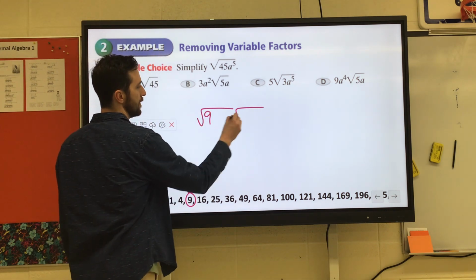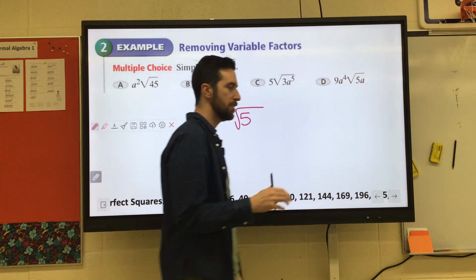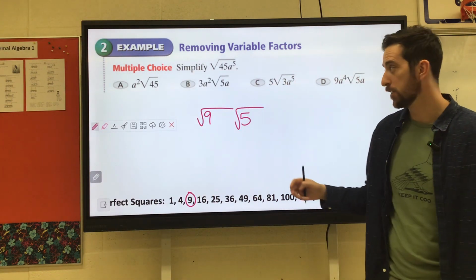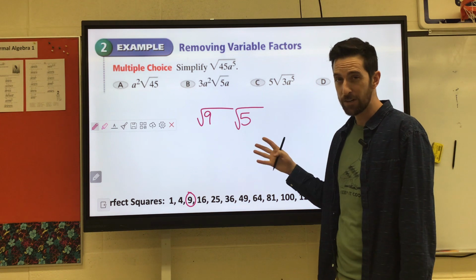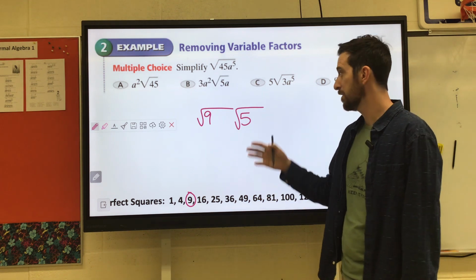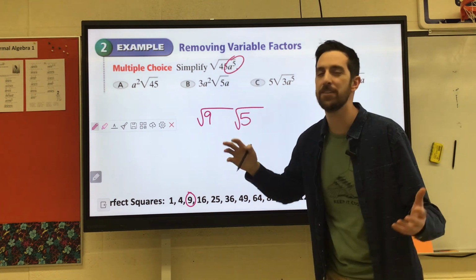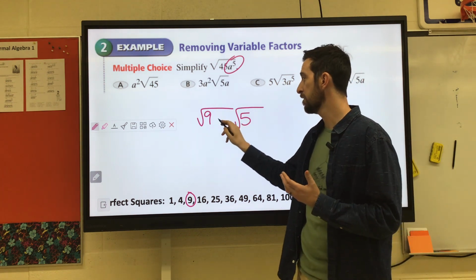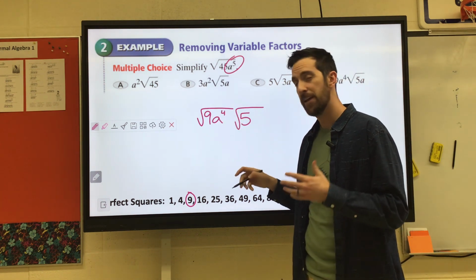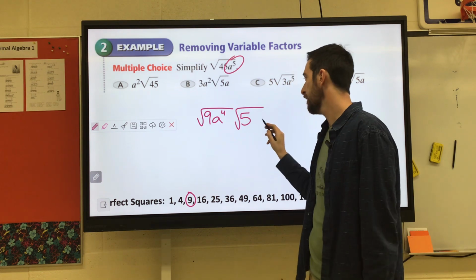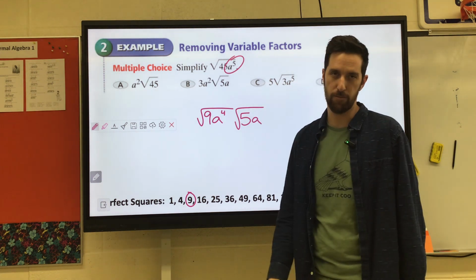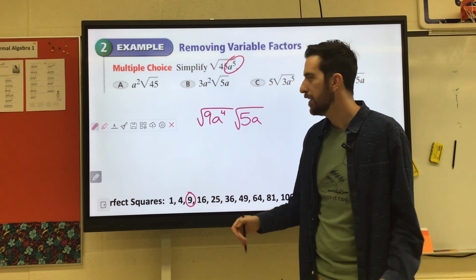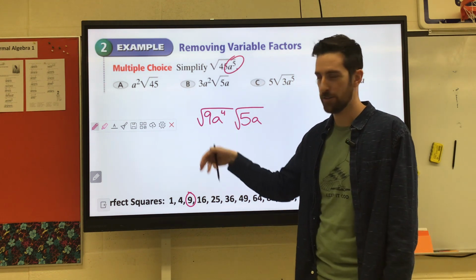It's 9 times 5. But here's the deal with variables and exponents. Perfect squares have even exponents. A to the 5th, obviously that's not even. So what we do is we'll put a to the 4th there, and that 5th a, that leftover a, goes in the leftover pile. That's it. Even exponents for the perfect squares.